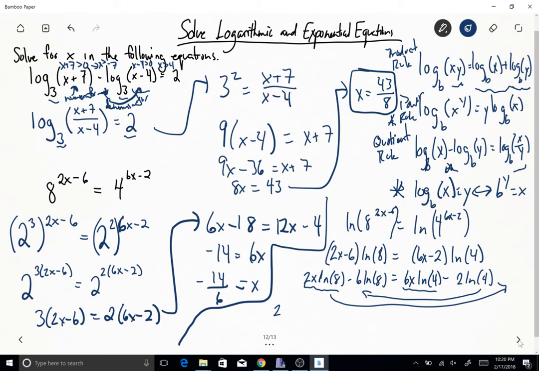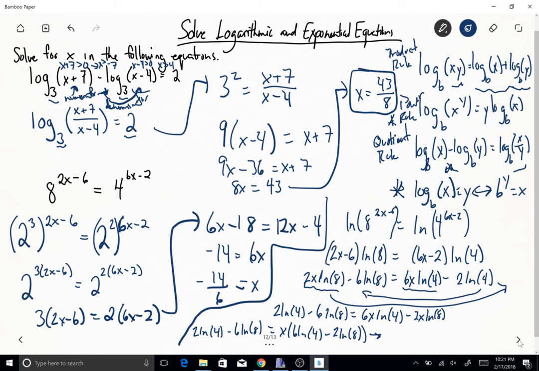We have 2 natural log of 4 minus 6 natural log of 8 equals 6x natural log of 4 minus 2x natural log of 8. So notice the left hand side, you have the 2 natural log of 4 minus 6 natural log of 8. But on the right hand side, you can factor out the x and you get x times 6 natural log of 4 minus 2 natural log of 8.